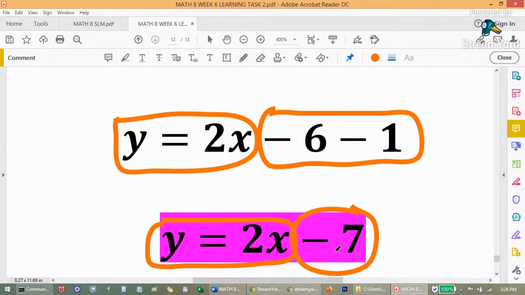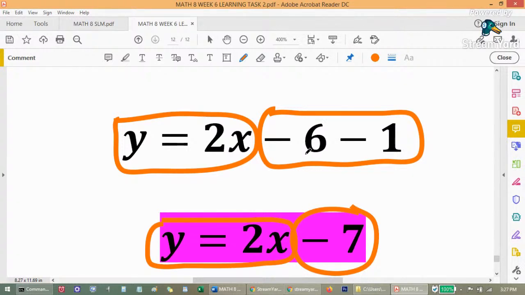Sa madaling salita, yung 6 na negative, pag tinagdagan mo ng isang negative, ay 7 na negative. Pag magkapareho ang sign, pinag-a-add natin.